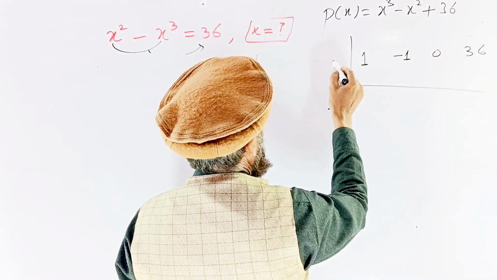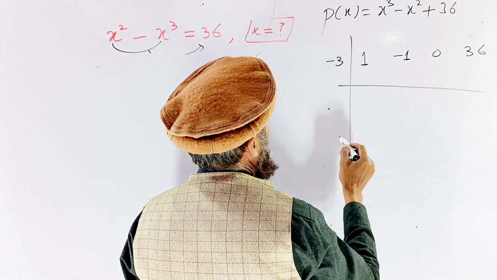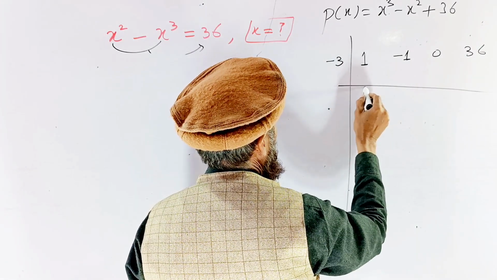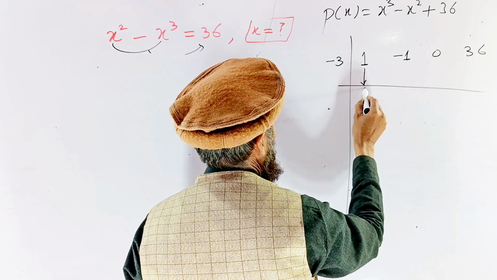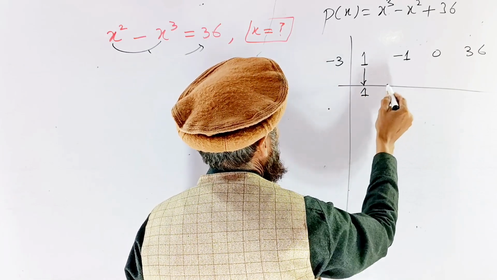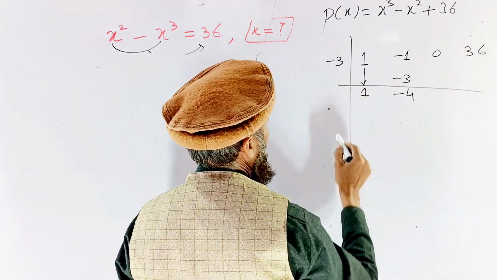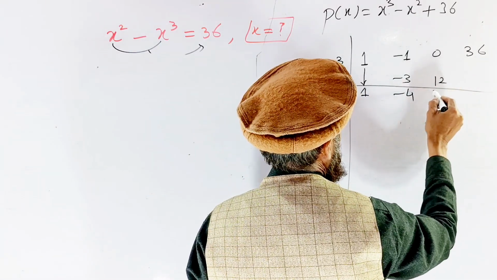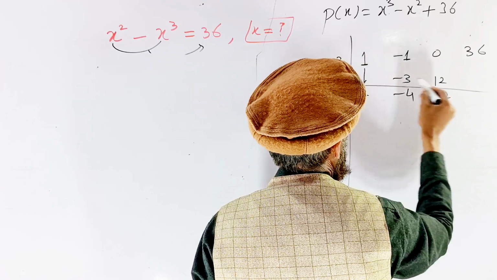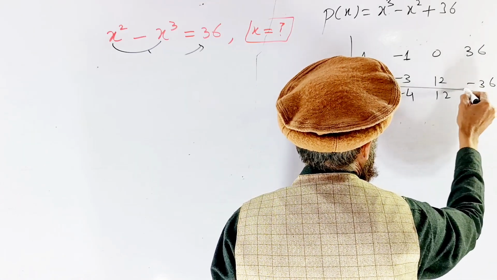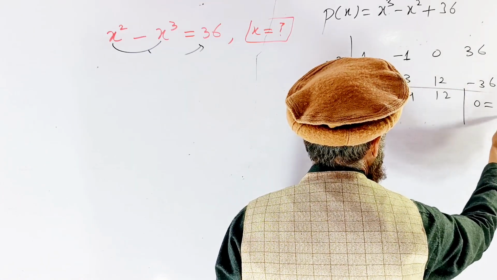Now minus 3 is a factor. We bring down the first term, multiply by minus 3 and we get minus 4, multiply again and we get plus 12, then multiply by minus 36. Both cancel, and we get remainder 0.